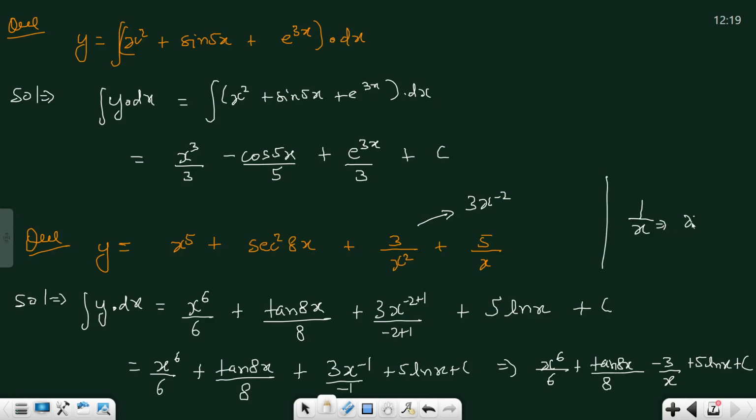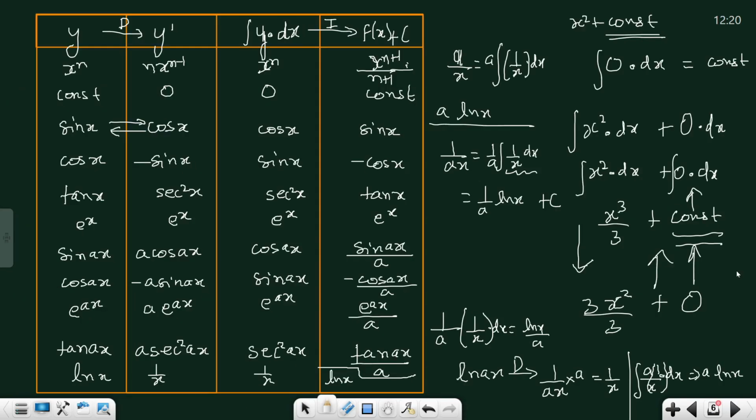If you take 1 by x as x to the power minus 1 and integrate, you will get x to the power minus 1 plus 1 divided by 0, so you will get infinite. So that's why we take the standard integration of 1 by x as ln x from the table. Clear? ठीक है? You can't write the integration of 1 by x as tending to infinity. You have to write it as ln x as mentioned in the table.